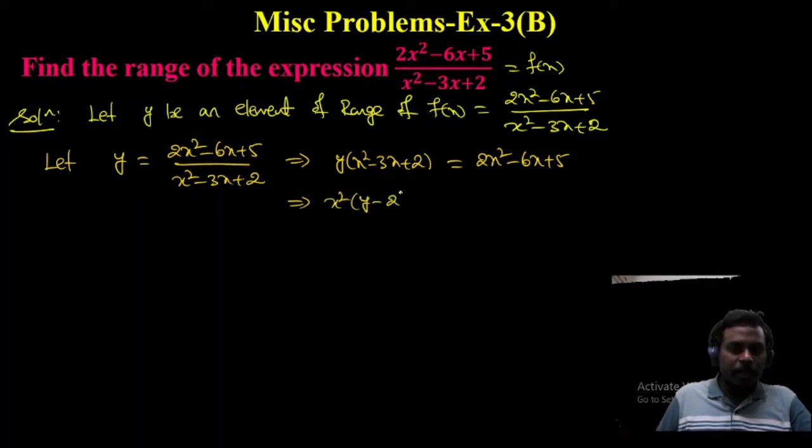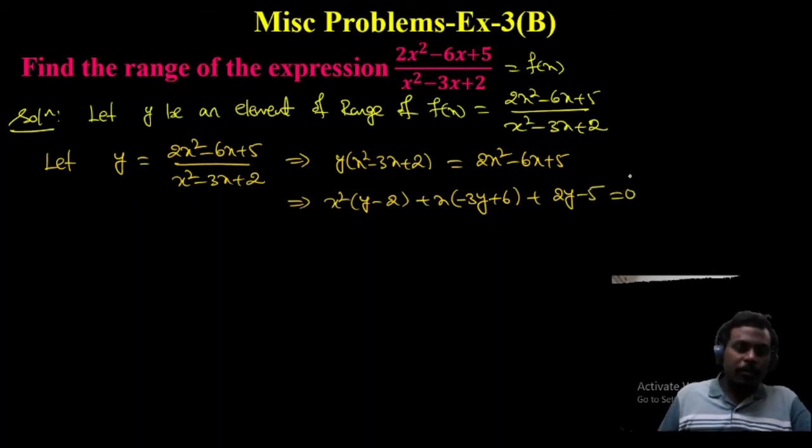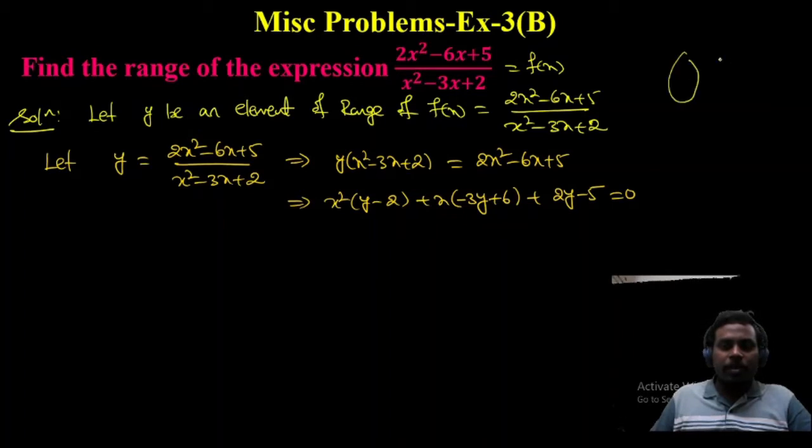X square into y minus 2, plus x into minus 3y plus 6, plus 2y minus 5 is equal to 0. That means in order to find an element of the range, usually x values will be there, here f of x value will be there, here you have taken y, you have to find out the pre-image.